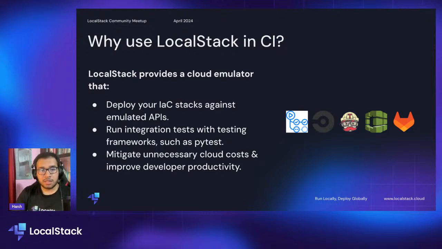The second step is that you get to run your integration tests with various testing frameworks out there like PyTest or Jest. This can assert that your infrastructure state has been correctly created. But more than that, with the help of the emulation capabilities, you can see how the inter-service connectivity is really working out.